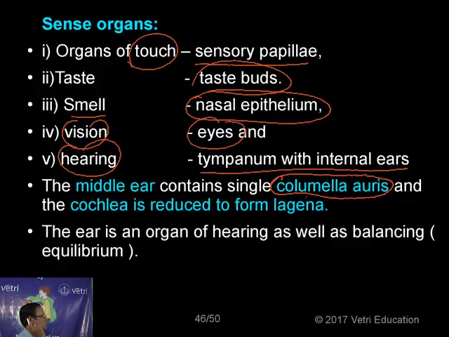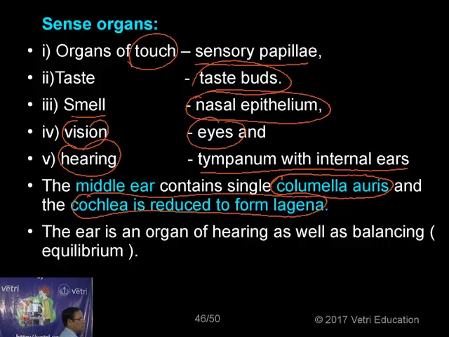Even the cochlea is highly reduced. The cochlea is the main organ of hearing, found in the inner ear. But in frog, the cochlea is reduced and represented by another organ called lagena, which is similar to cochlea.